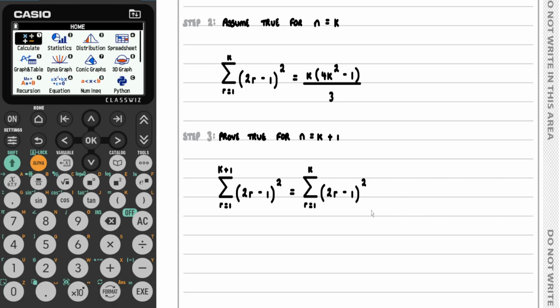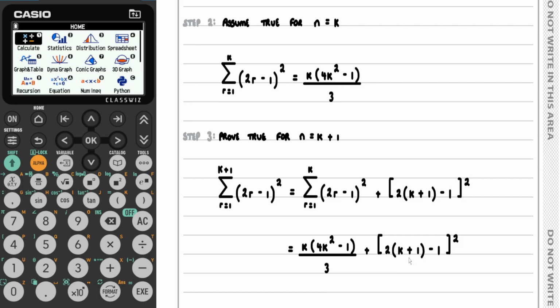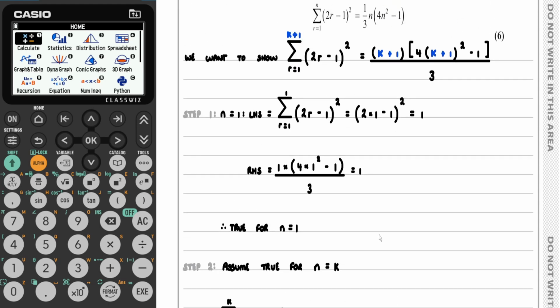And the (k plus 1)th term is when we replace the r with k plus 1. So I've got (2 times (k plus 1) subtract 1) squared. What we can now do is use the induction step. So this will become k times (4k squared subtract 1) over 3 plus (2 times (k plus 1) subtract 1) squared. And we need to go from here to here.